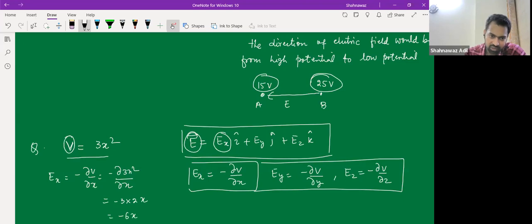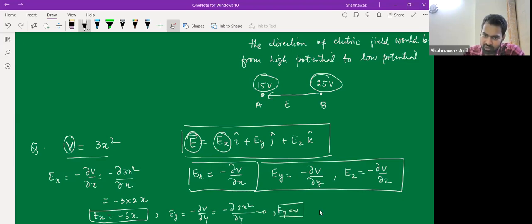This is Ex. And Ey would be how much? Ey would be minus dV by dy, which is minus d(3x square) by dy, which is 0. So Ey is 0. Similarly, your Ez is also 0 because in this function you don't have a z part.